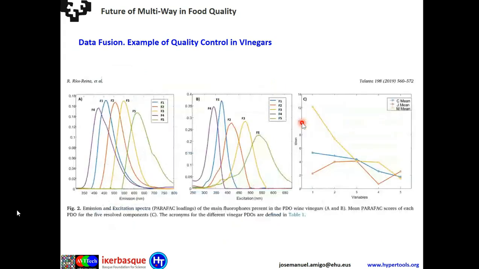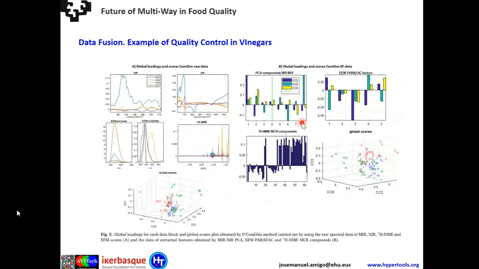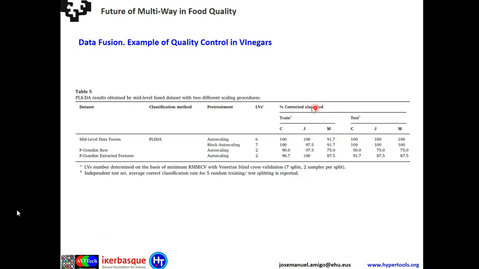And with data fusion methods, in this case we used PARAFAC on dim, we could actually see what is the influence of the excitation emission factors compared with near infrared, middle infrared, and NMR. And actually doing this data fusion, our classification actually improved.